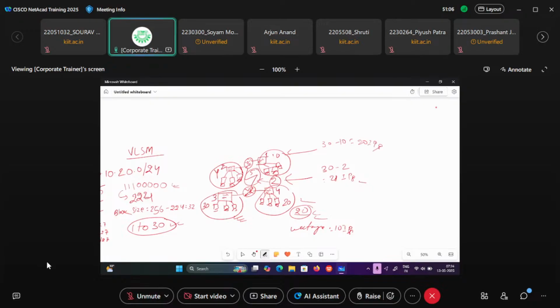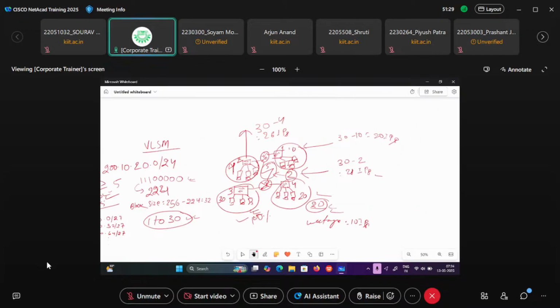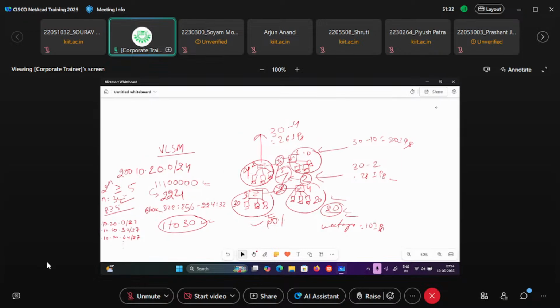And in this case, if you require 4 IPs for the hosts, just calculate 30 minus 4, 26 IPs will be wasted. So in only one condition are we not wasting IPs, right? 100% accuracy in this case. But in the rest of the conditions, we get wastage of IPs, even though we are using subnetting.